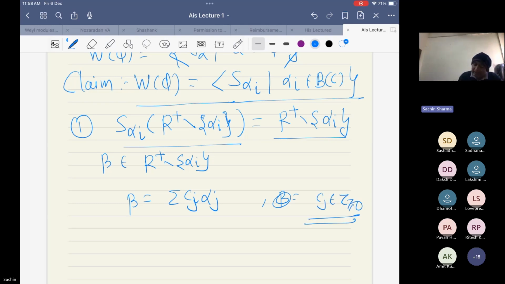Okay. This is due to these things. Every positive root you can write down as a sum of indecomposable roots or simple roots. As beta is not equal to alpha i, what can you say about the Cj's? Anybody particular comment on that?